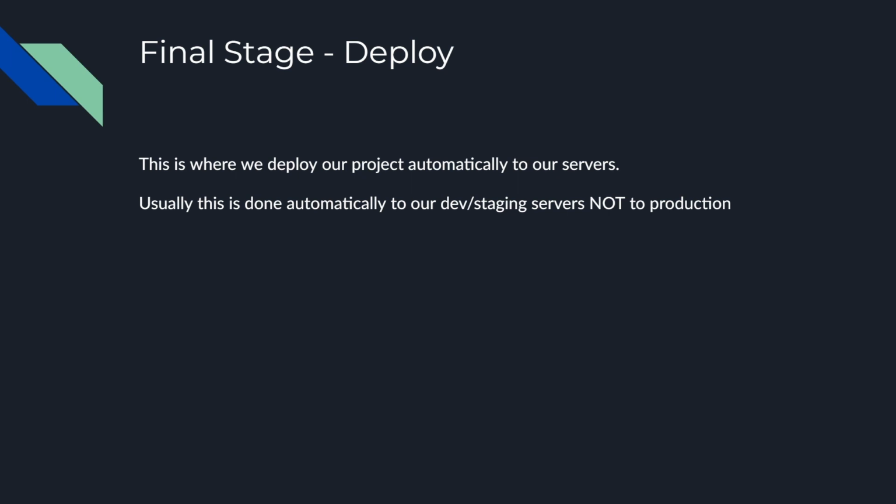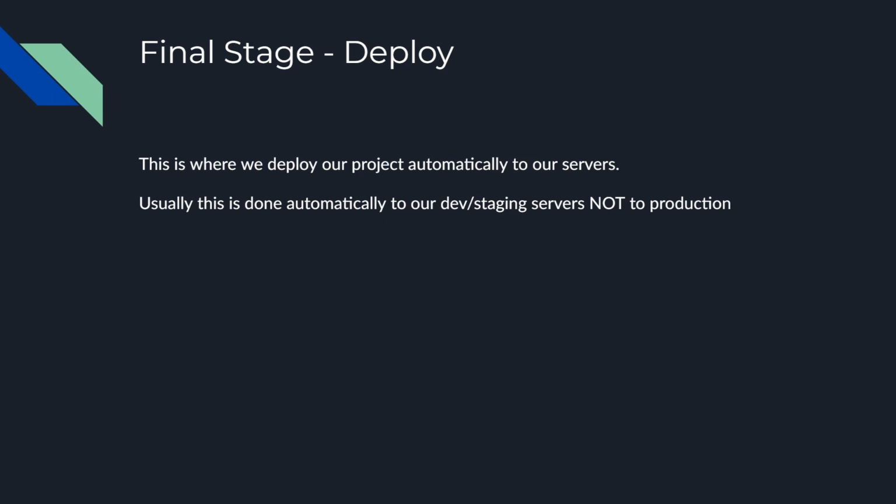So a lot of times what larger companies do is they have a dev or a staging server that they run through their own QA, or quality assurance, to make sure that the project is up to snuff before it gets shoved out to production. Because we don't want something blowing up in production that our unit tests didn't cover. Because believe me, unit tests don't cover everything.